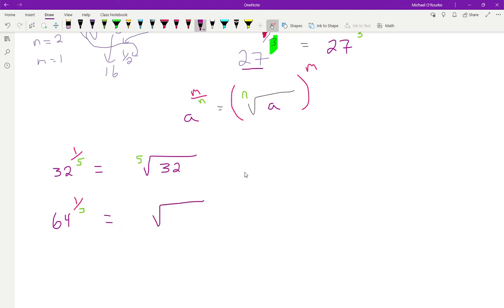So I'll do this one, and I'm going to give you a little bit of time to do the next one. So 64 is going to go inside the root. My bottom number is the root we're taking, and my top is the power. Okay? So I'm going to write this one down, then let you figure it out.